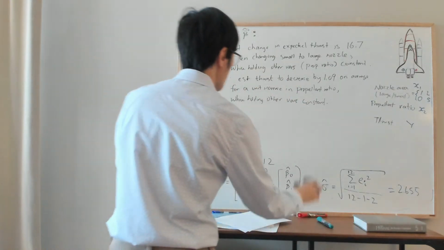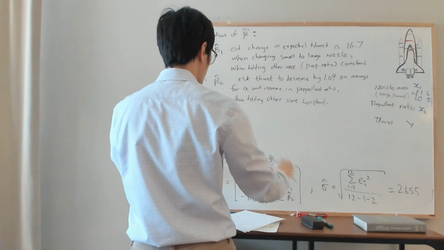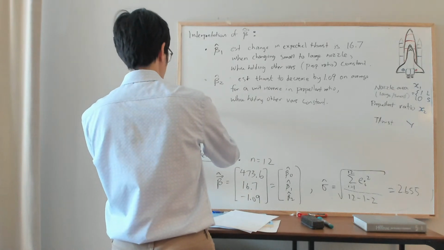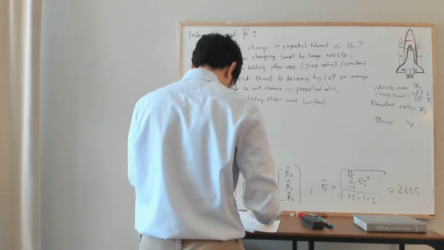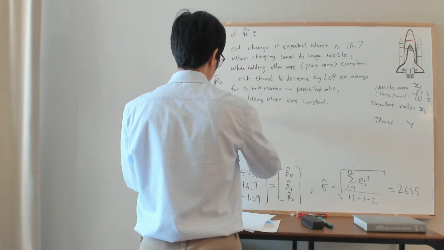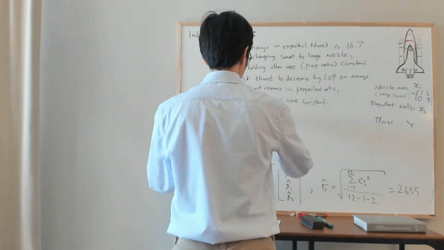Okay, and all right, let's give you one other piece of information, and then we will do a quick hypothesis test. Suppose I tell you the standard error of the beta 2 estimate is 0.94.